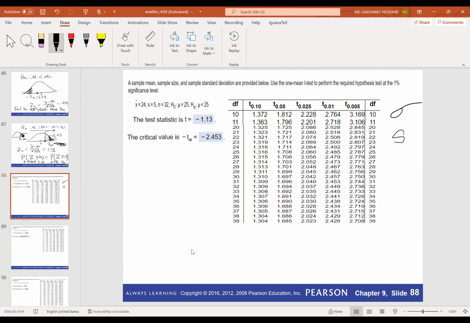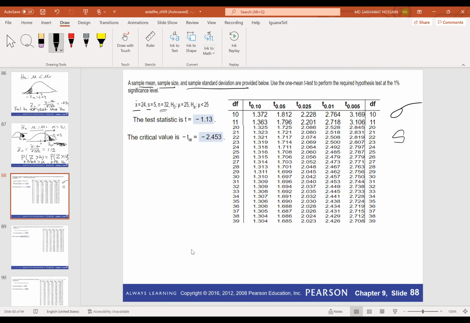A sample mean, sample size, and sample standard deviation are provided. All the values came from the sample, not from the population. So we have S, we have X bar, and the sample size is 32, which we can consider a large sample size.